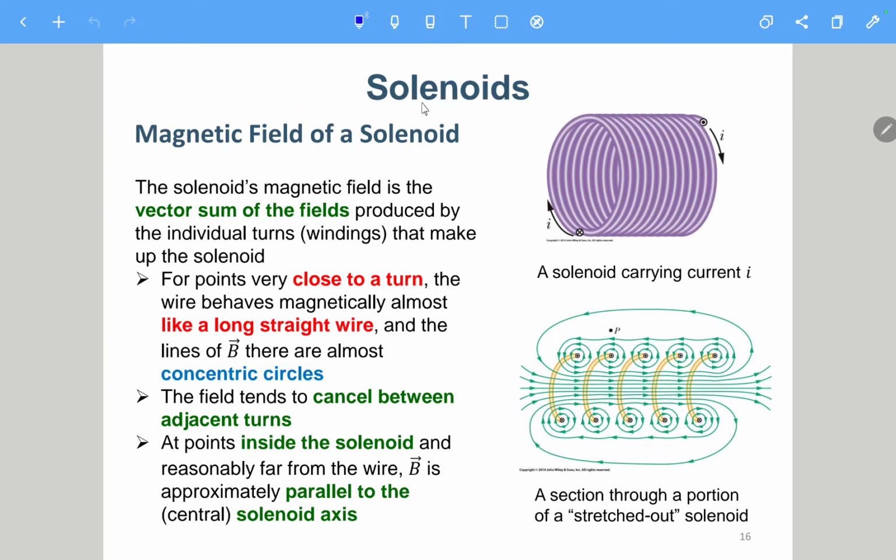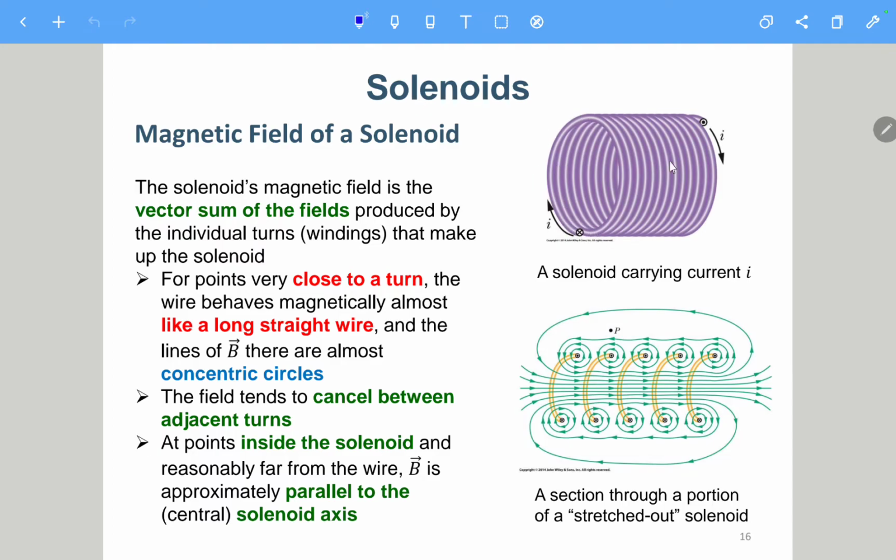So here we talk about the solenoid. It says the magnetic field of a solenoid is the vector sum of the fields produced by the individual turns, or we call them windings, that make up the solenoid. This is a demonstrative figure of the solenoid.